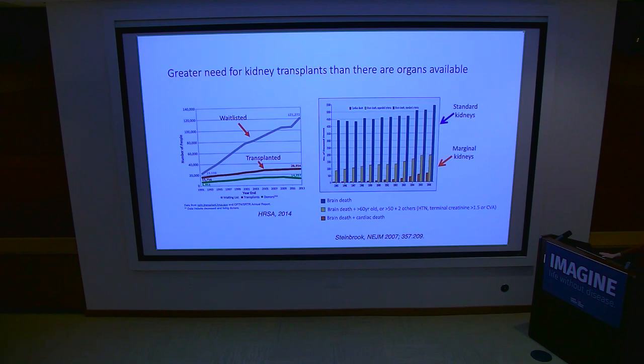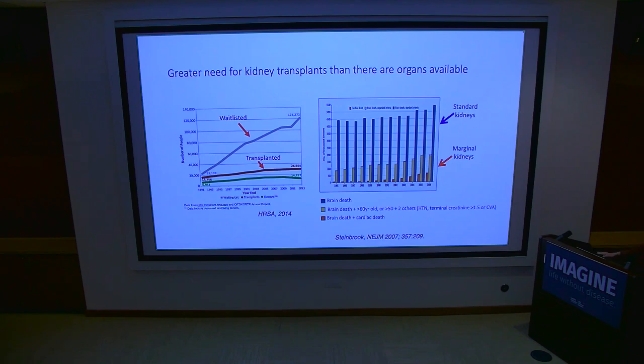Another category which is being used more and more frequently is donors whose heart stops after their brain dies. Normally those kidneys would have been discarded, but now more and more we're using those kidneys, and that seems to be an area where we can expand the potential number of donors.